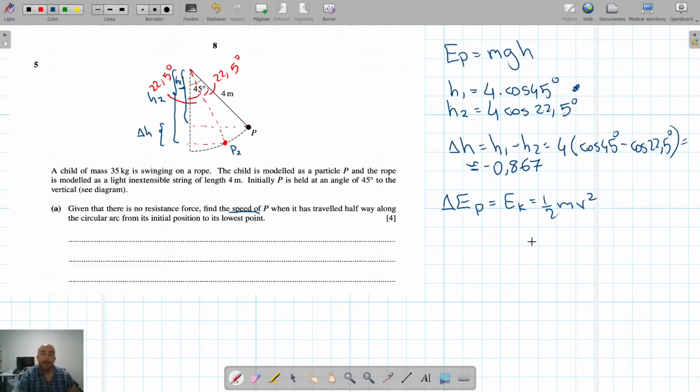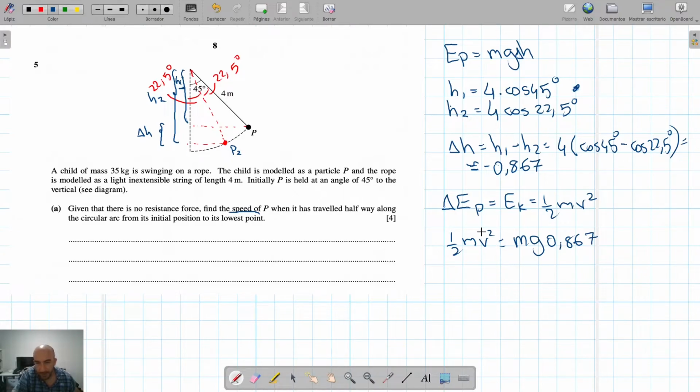So half mv squared has to equal the change of potential energy, which is m times g times h. In this case, h is the change of height.